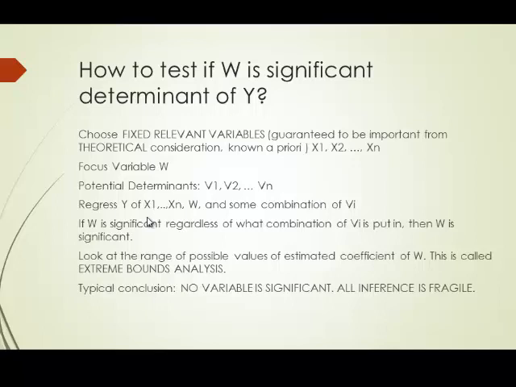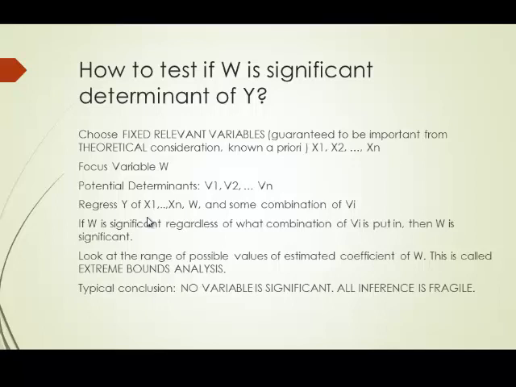Now, people tried to do this, and unfortunately, the Leamer method fails in the following sense, that you cannot find anything to be significant, because basically, when you try this method, then after you put in all the variables, every variable becomes insignificant in combination with some other variable. So basically, the extreme bounds analysis did not proceed anywhere.